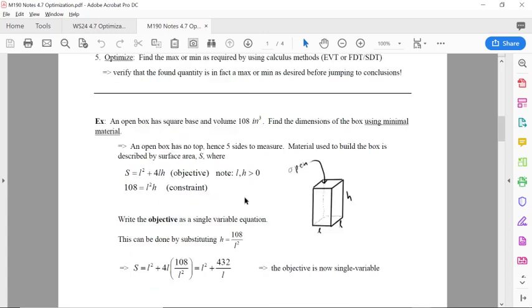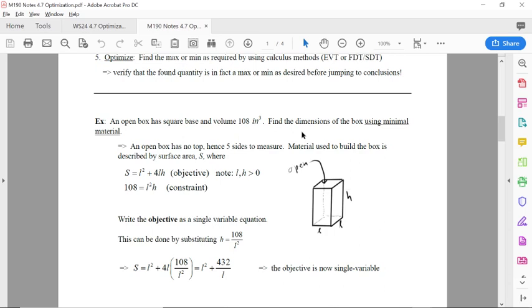Now, the answers to this question were the dimensions, because we were asked to find the dimensions of the box using the minimal material. Suppose that what we were being asked was not what the dimensions were, but how much material would be required as the minimum amount of surface material.